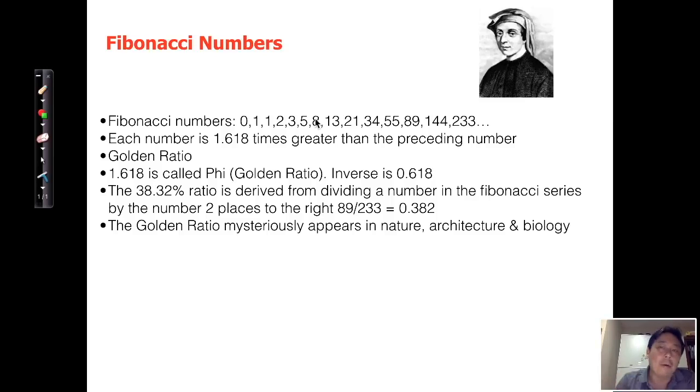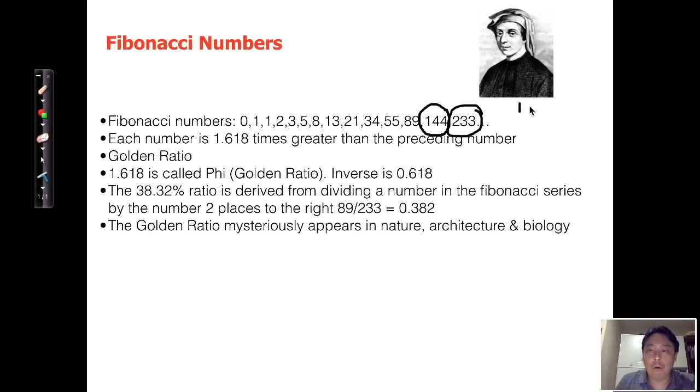Now, what's amazing about this sequence of numbers is, as you keep doing it, you come to a point when if you take any number, for example, 144, and you divide it by the next number, in this case 233, what do you get?